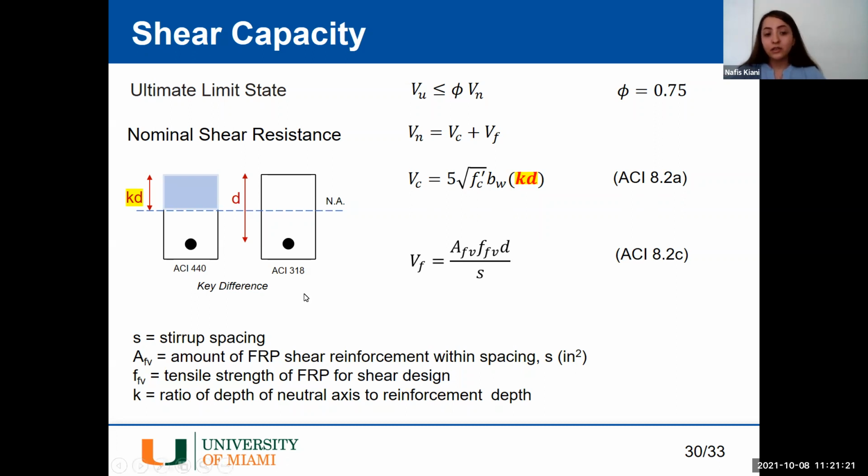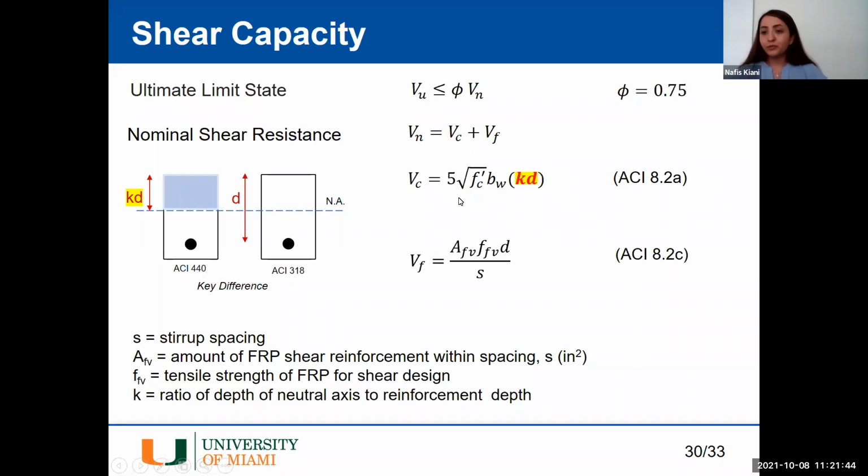If you consider two similar cross sections, the left one is using the FRP and the right one is using the steel. In the equation of the VC for the steel, we are using d for axial stiffness, and for the FRP we are using kd, which is much less than the steel.